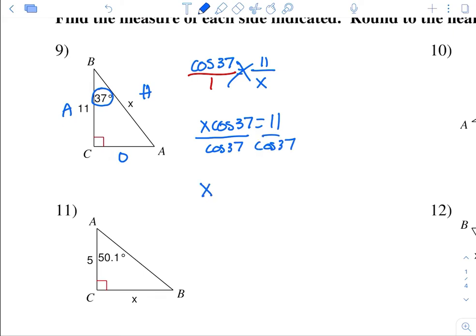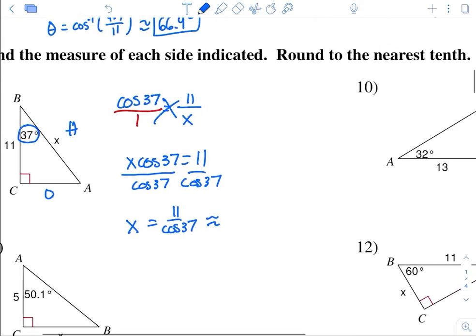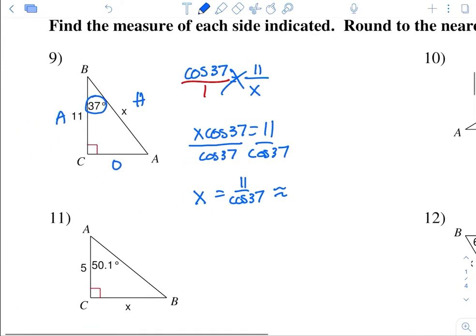So x equals 11 over cosine 37, which means that's roughly 11 divided by cosine 37. Not cosine inverse of 37, 11 divided by cosine 37. And you should have gotten, rounding to the nearest tenth, 13.8. And x is a side length, not a degree.